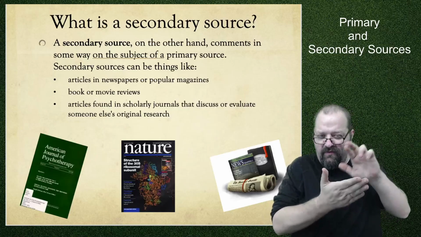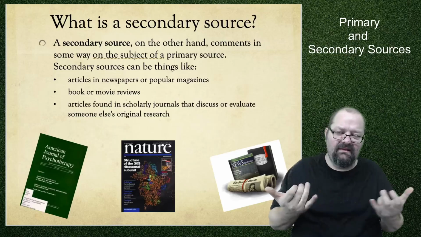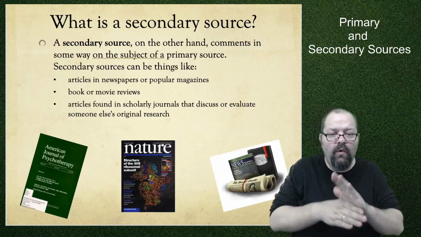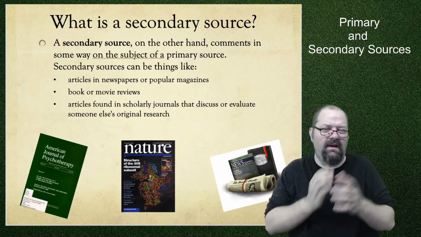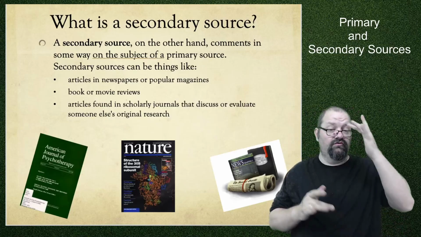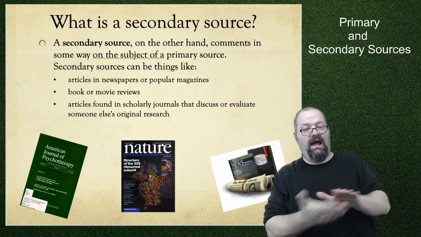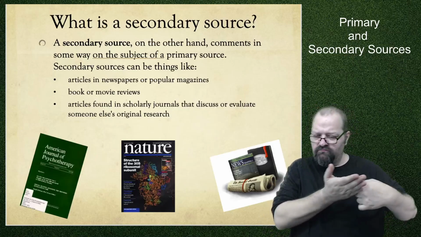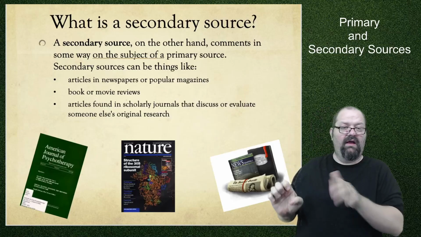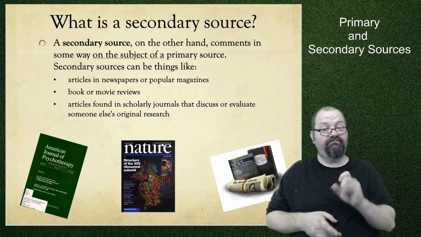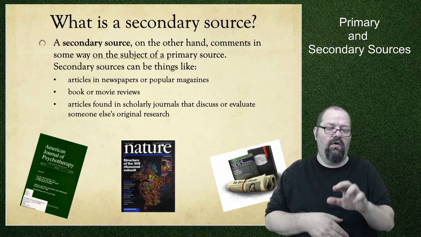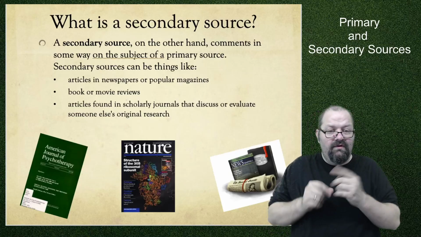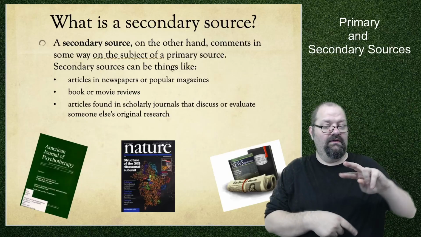Examples of secondary sources might be book or movie reviews, articles about a primary source in newspapers or magazines, or scholarly articles in an academic journal that analyze a piece of literature or discuss or evaluate someone else's original research. If you've ever written an essay about any object you studied, like an article or a short story or a picture, then you created a secondary source about a primary source.